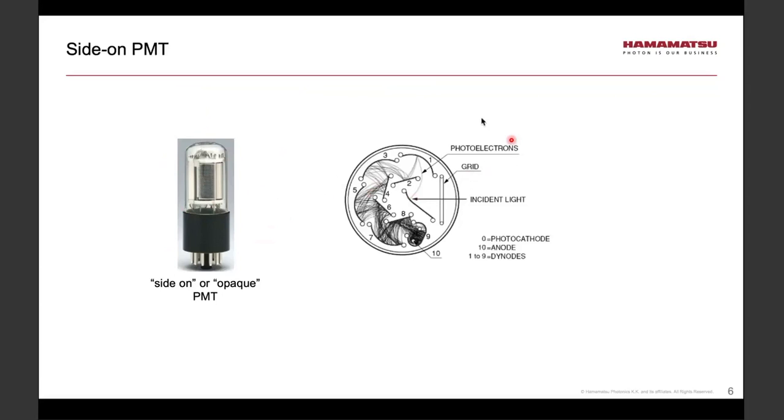And we can see that on the right-hand side, this is computer simulation of the paths of electrons that move between the sequence of dynodes. So this is actually a realistic depiction of the PMT.